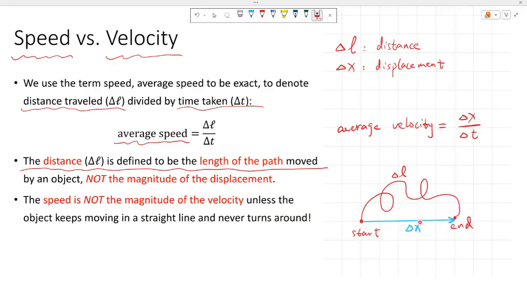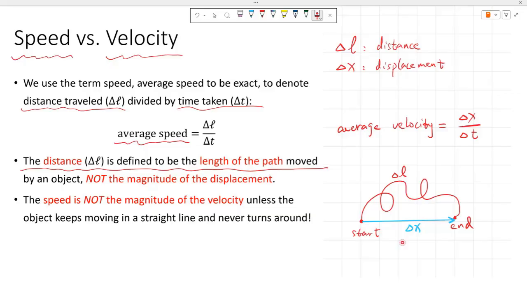Or in other words, the magnitude of the displacement must be less than the corresponding distance, or in a very special scenario, when the movement is straight from the start to the end point, the magnitude of the displacement is the same as the corresponding distance. Therefore, you cannot say that the displacement is just the vector version of a distance. They're completely two different things.